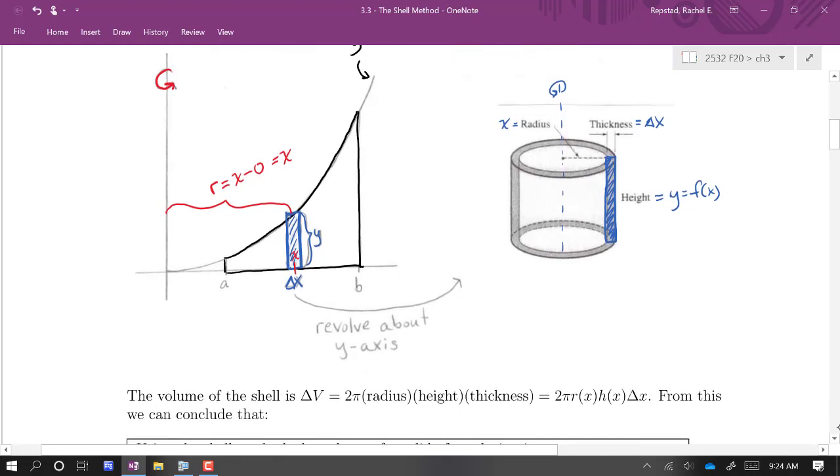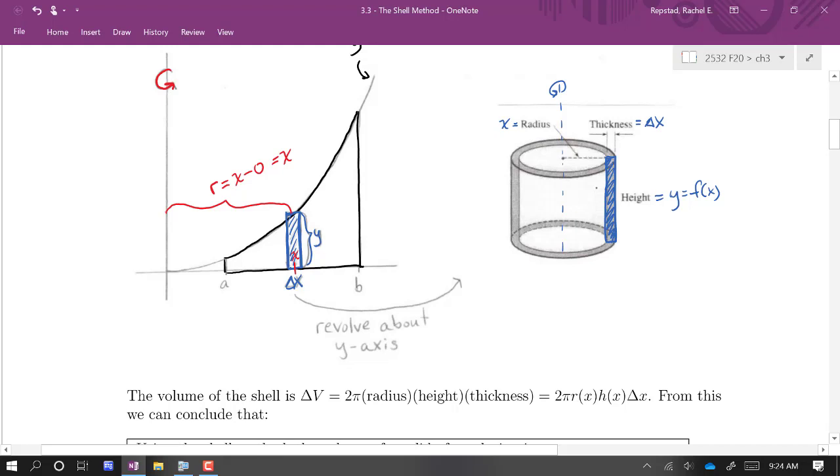So now what you have here is this shell, and the way that we find the volume of the shell is, imagine you could cut the shell and unfurl it. It's a hollow shell, just cut it up the side and roll it out, and you will see that it is a very thin box. It's a box that has a width of this delta x. And so then we just need to find the length and the height.